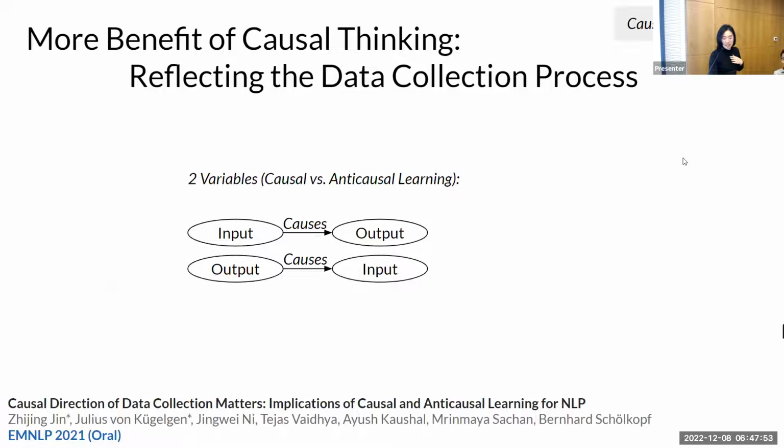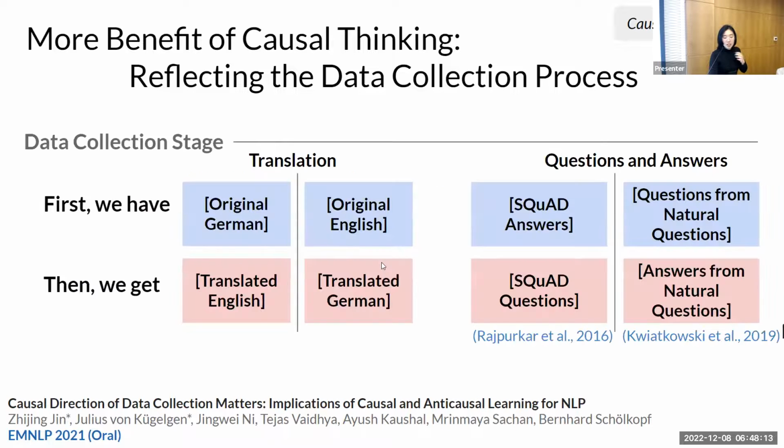The other case is, apart from selection bias, there's also the causal direction of dataset collection. For a lot of cases, the annotator's annotation direction could be from the model input to the model output, or from the desired model output to the model input. What are some examples? For example, translation.